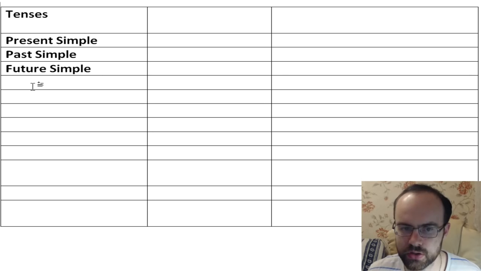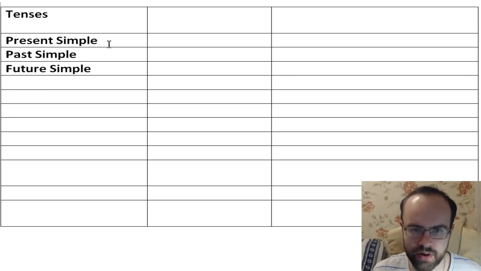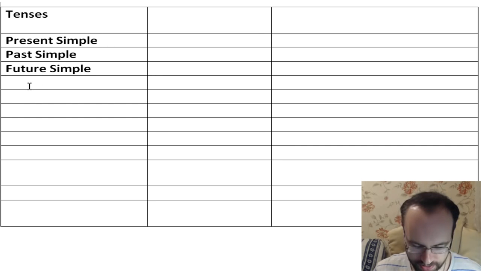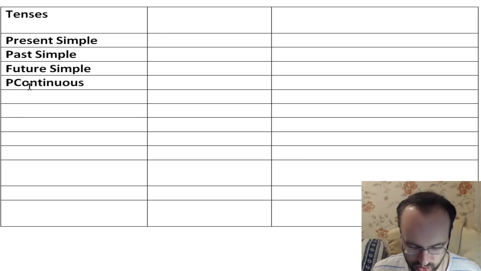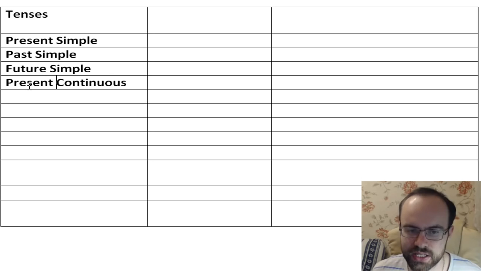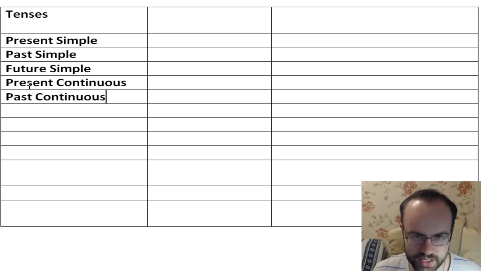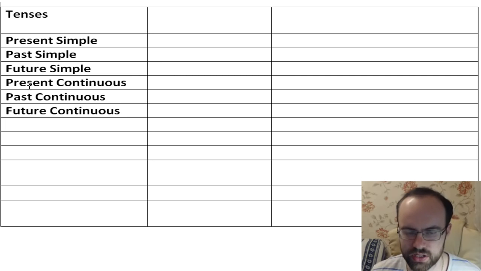Next, you need to keep in mind that there is another group. We call this group continuous. It's the second group. Similarly we say it in present, in past, and in future. So you say present continuous, past continuous, and future continuous.